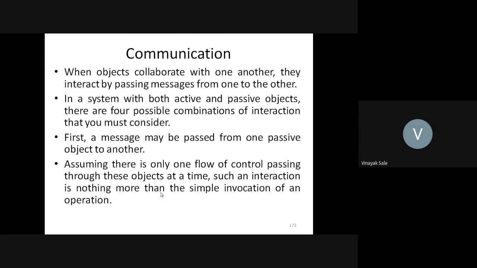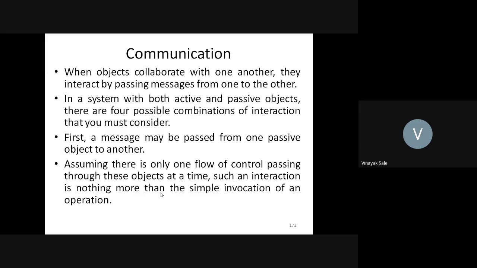So what communication happens between two objects, two processes or two threads? When objects collaborate with one another, they interact, passing messages from one to the other. In a system with both active and passive objects, there are four possible combinations of interactions that you must consider.